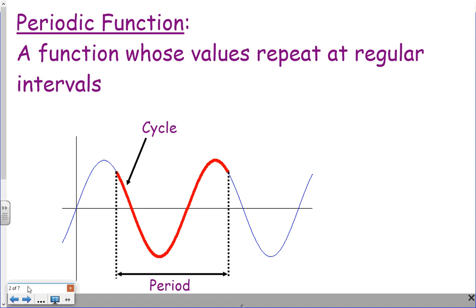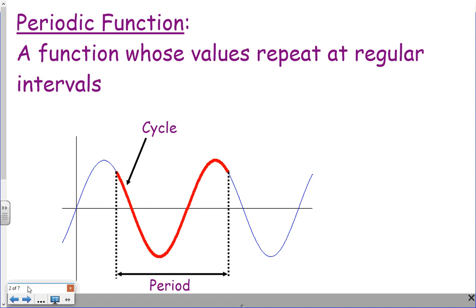A couple of terms that we use to describe this periodic function. When it repeats itself at regular intervals, we got ourselves a periodic function. The two terms that we use to describe the parts of this sketch here, we call, first of all, the graph itself, I've marked that in red, the cycle. So the cycle is referring to the actual function values and the actual sketch of that function that you'd see.